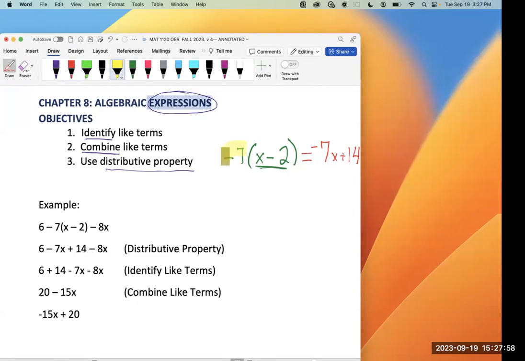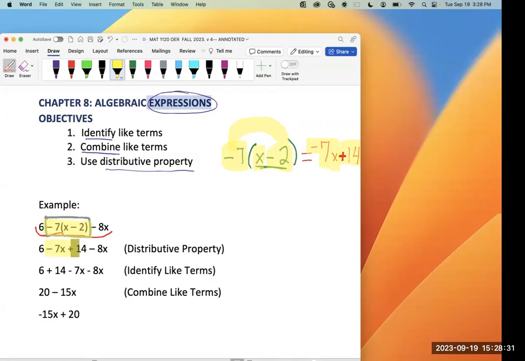I have taken this -7 and multiplied it by x to get -7x. I have taken the -7 and multiplied it by this -2, negative times negative is positive, and I've got positive 14. So what's happening here, given this expression, the first part that was dealt with is this expression here. I'll highlight it in yellow.